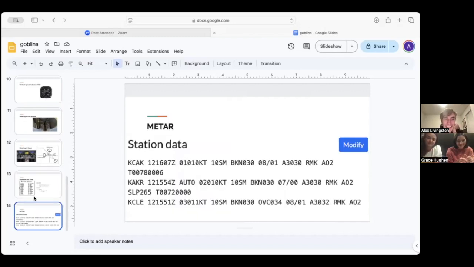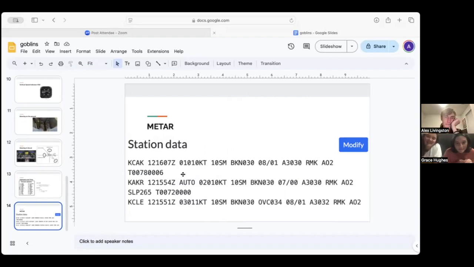And then the last thing, probably the most confusing. I want to know what you guys think this is telling you. KCAK. Is that a station? Yes. Kansas City? Nope. Alaska?